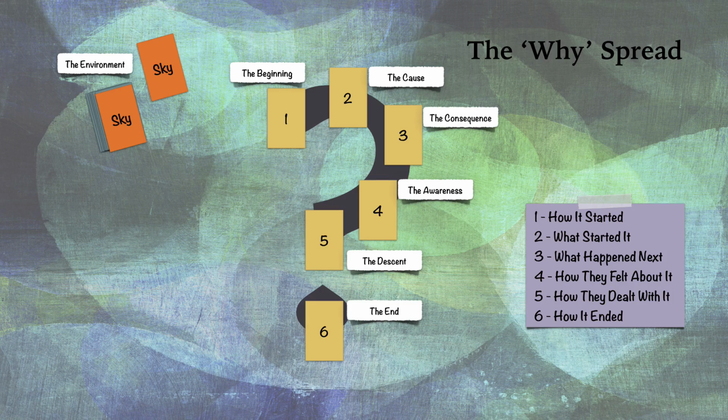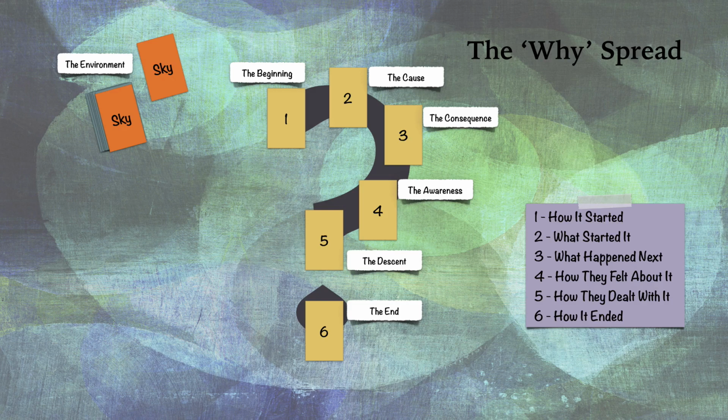We always have this question: okay, they behaved this way, or they did this thing to us. How did they feel about it when they did it? That's the awareness. Position 5 is the descent, which is basically how they dealt with it, right? So upon becoming aware of what they did, how did they come to terms with it, with themselves?